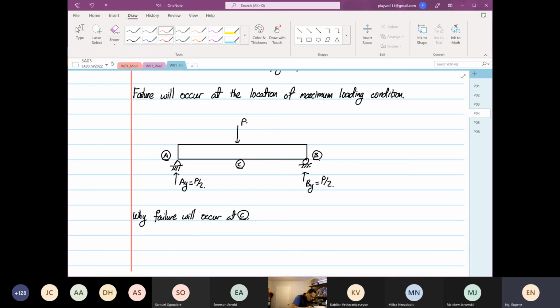This is only true if the distance from here to here is L over 2, and the distance from here to here is L over 2.